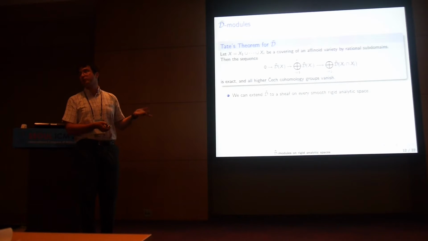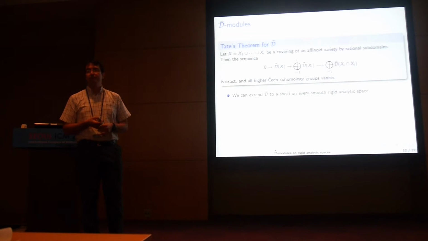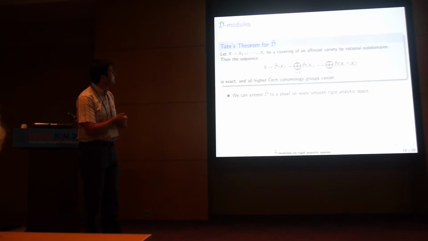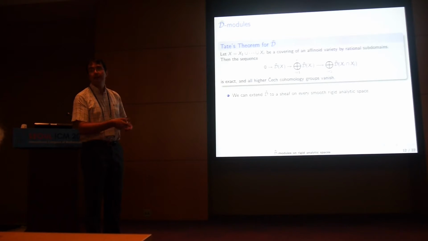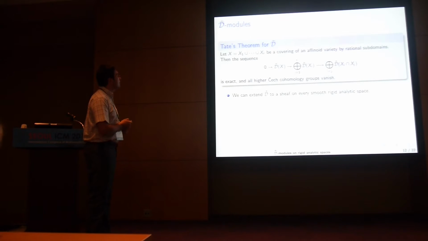I mean, the functoriality was already enough to just extend it formally, take the sheafification of the functor. But if I did that, then I wouldn't be able to compute local sections. And because we have this theorem, it's okay. So if you like, this theorem tells us how to compute local sections of D-hat over an affinoid.